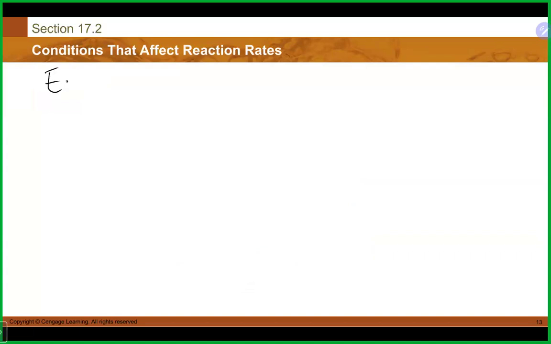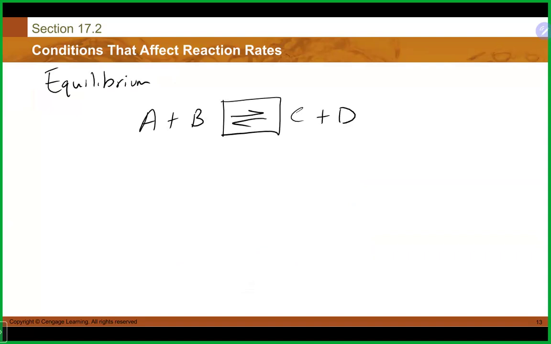So when we talk about equilibrium, it deals with a reversible reaction, and that is the type of reaction that typically has these arrows heading in both directions. So in an equilibrium process, it is a reversible reaction.